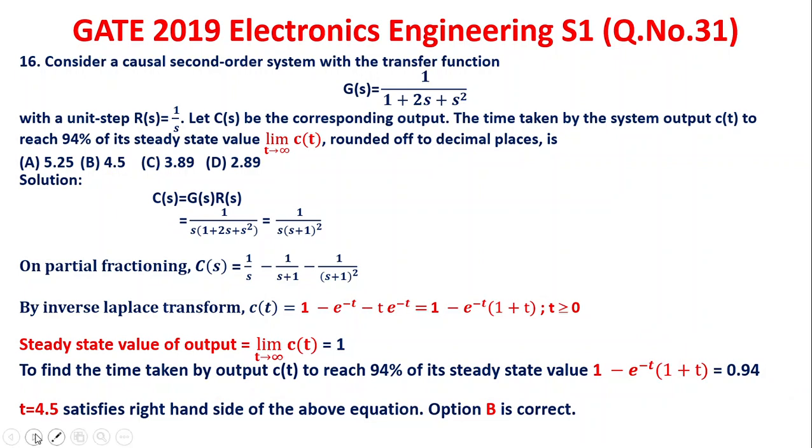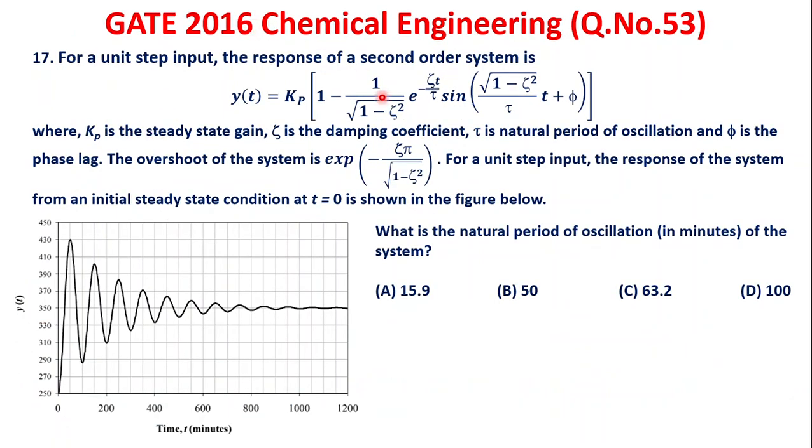That's all. So this is another problem, from a chemical engineering question paper. They have asked what the natural period of oscillations is. Anyway, for want of time, I cannot go through all the questions with explanations for all the points, so I'd like to show you this presentation.